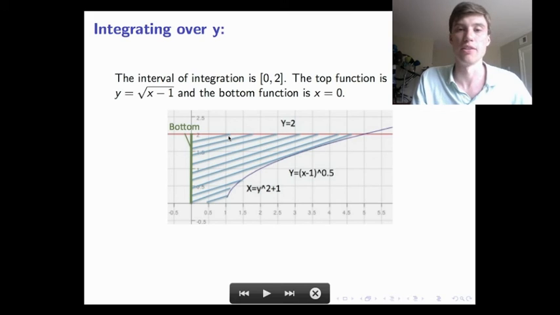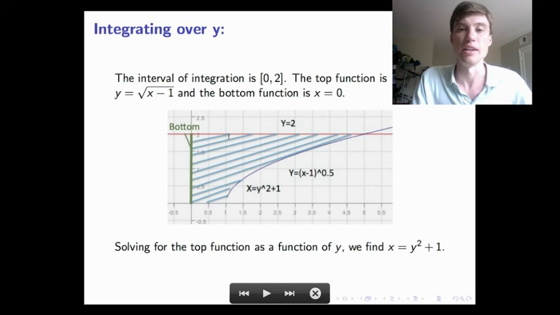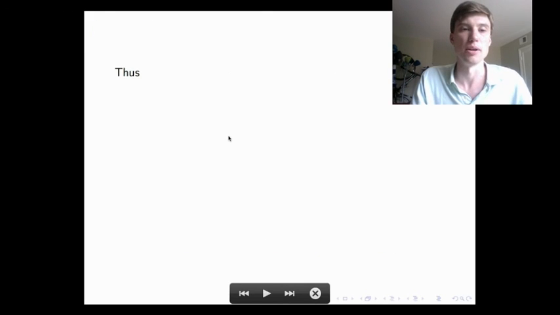So our interval of integration is 0 to 2, our top function is y equals the square root of x minus 1, and our bottom function is x equals 0. Now we need to put the top function in terms of y. So we solve for x, and we find that the top function is defined by x equals y squared plus 1.